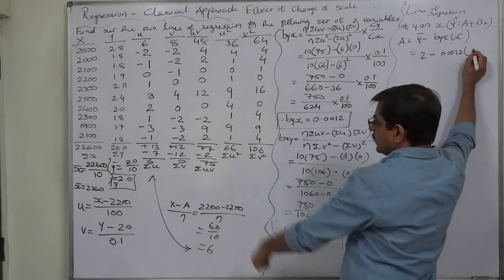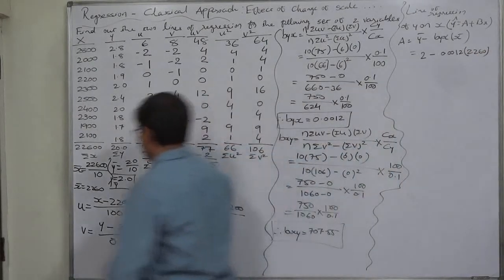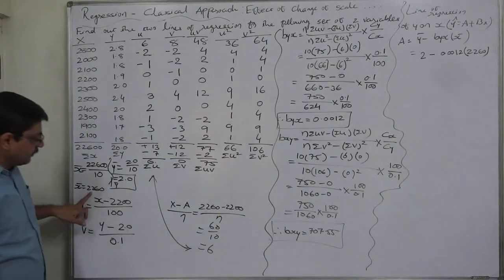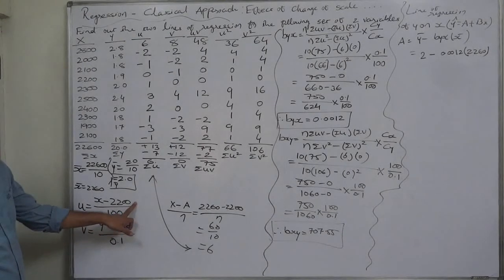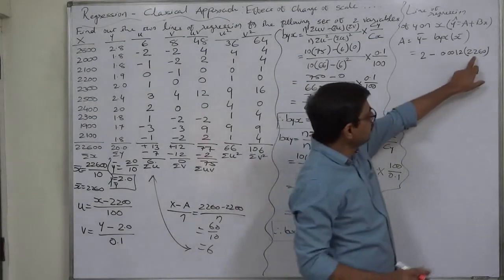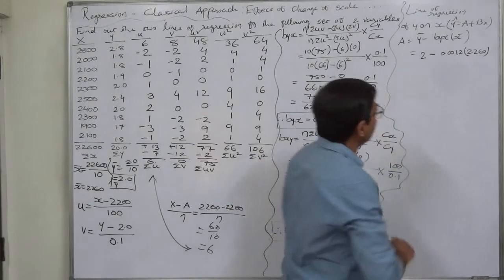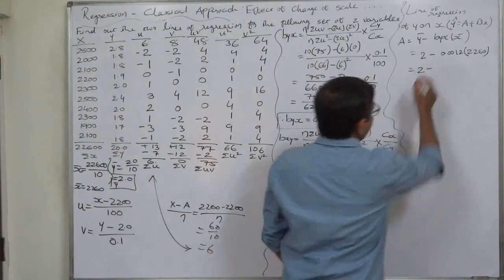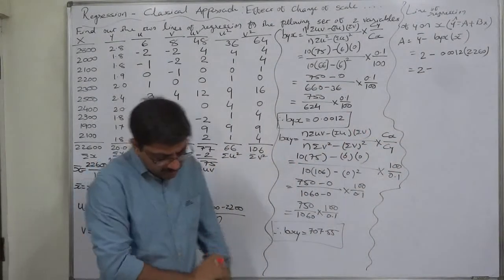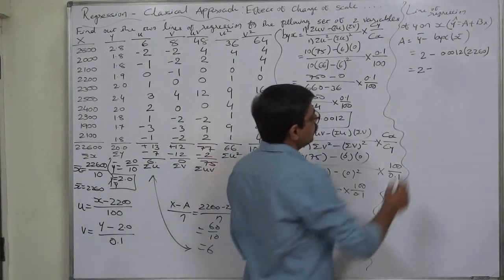X bar is 2260. Here also be alert. Substitute arithmetic mean, not the assumed mean. Many students make the mistake at this stage of substituting assumed mean instead of actual mean. Please be careful. So ultimately it is 2 minus, I have already calculated it, 2.712.